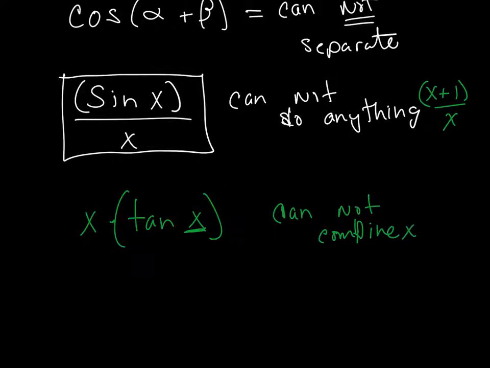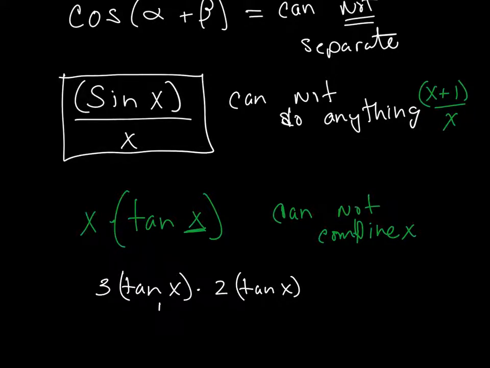Now, there is one way that you can go through and combine. Let's say I had three times the tangent of x times 2 times the tangent of x. Now, the tangent of x is here. This is another tangent of x.